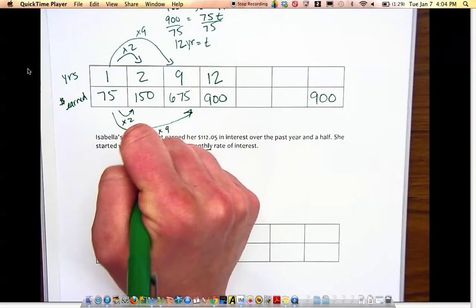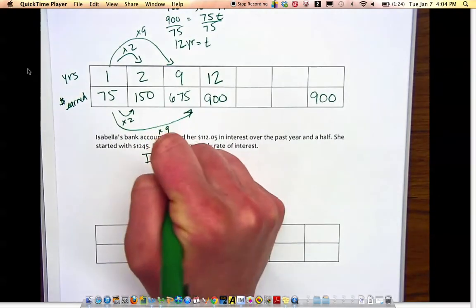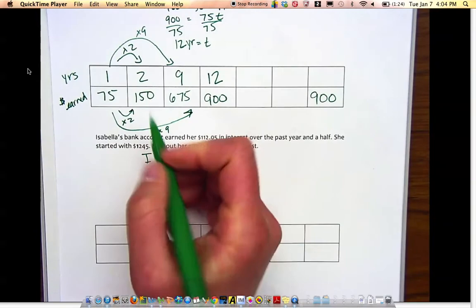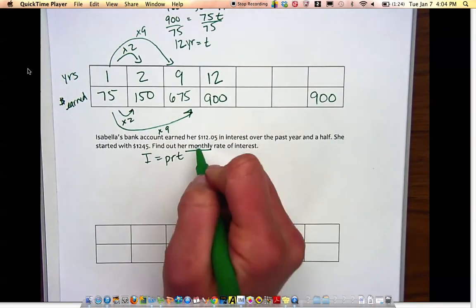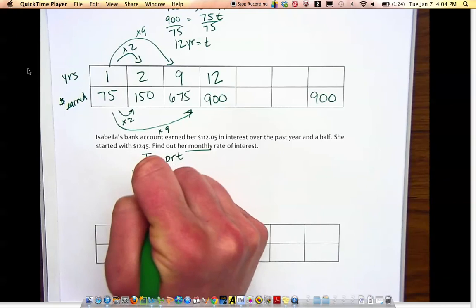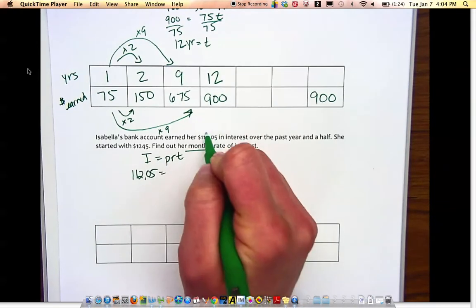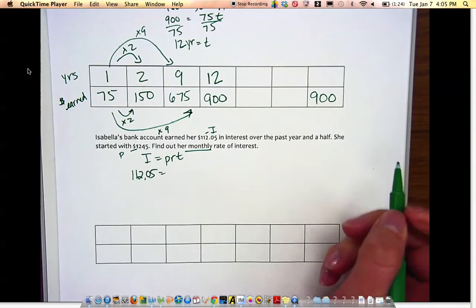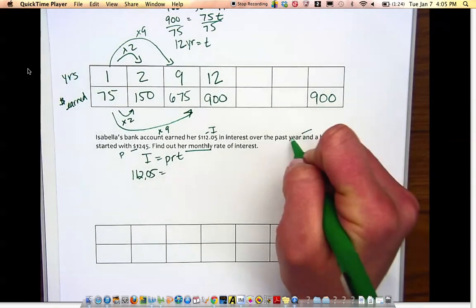So I'm going to start out with my formula, I equals PRT. I know that the interest was $112.05. So this is my I, this is my P, this is my time, year and a half.